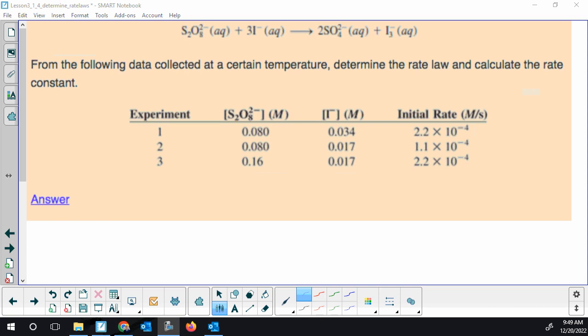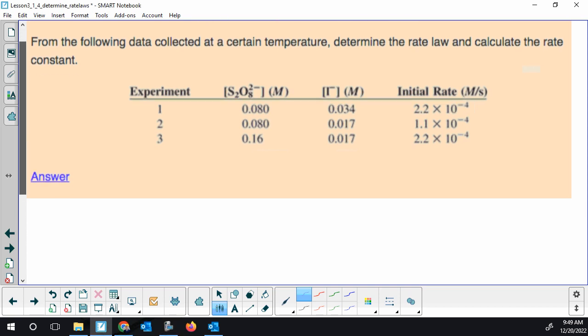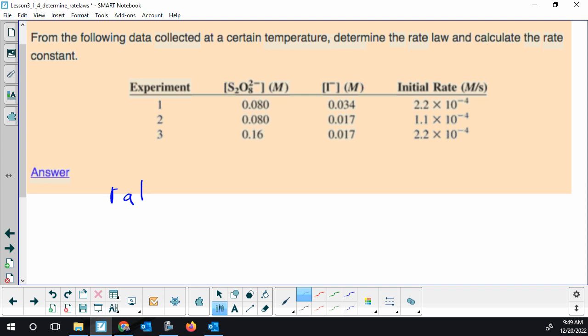Okay. So just summarizing the answer, the rate law, rate equals K, and we just need the orders. They both come out first order, and we always have a doubling of rates.